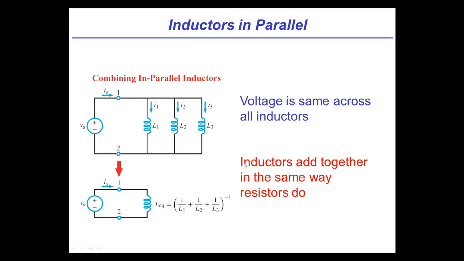And we thought we'd leave it for you right at the end to follow the same procedure you did with resistors, except instead of Ohm's law, V equals IR, you have V equals L di dt, and you should find that inductors in parallel add in the same way resistors do. In other words, 1 over L1 plus 1 over L2 plus 1 over L3, and you take the reciprocal, that gives you L equivalent. So again, it's just the reciprocal of the sum of the reciprocals, just as it was in resistors.